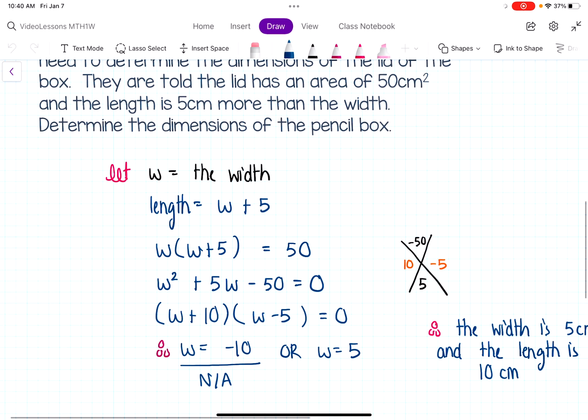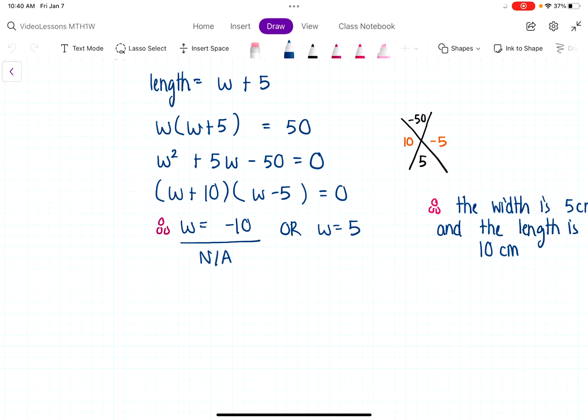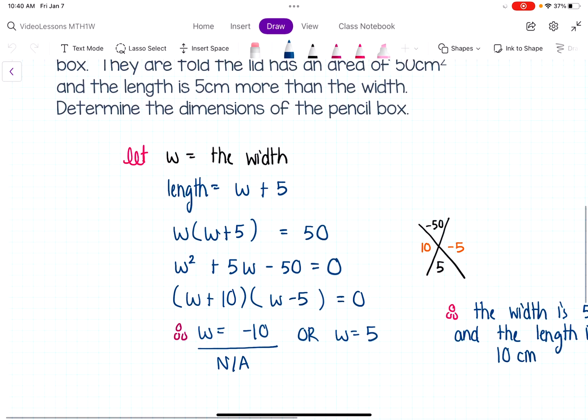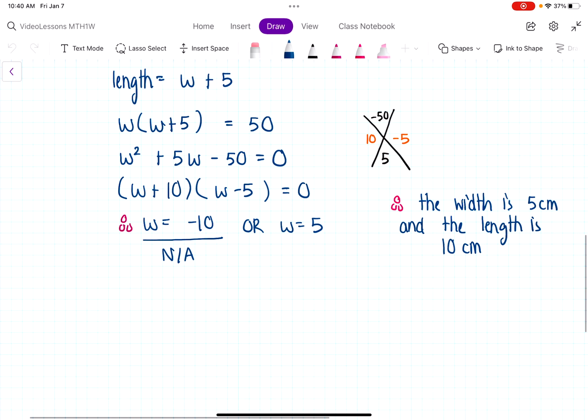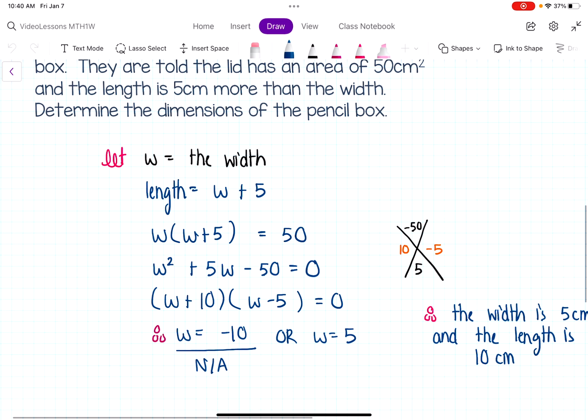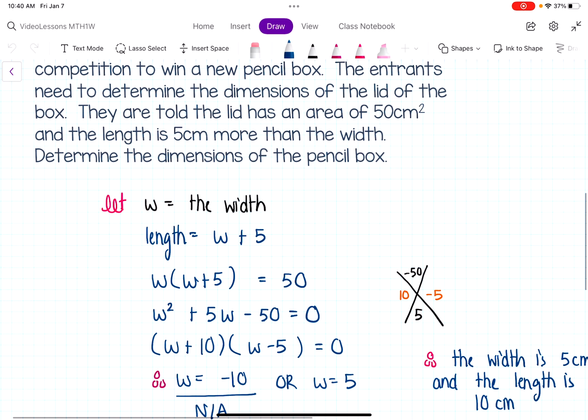So that's important to think about. When you have your two answers, always look at the context. What does this number represent? And then decide whether both answers are valid or whether one of them is not applicable. Another thing to remember is that this only happens when you are given context.